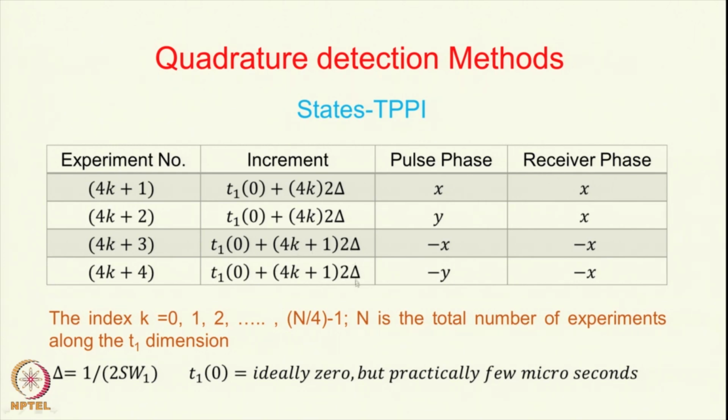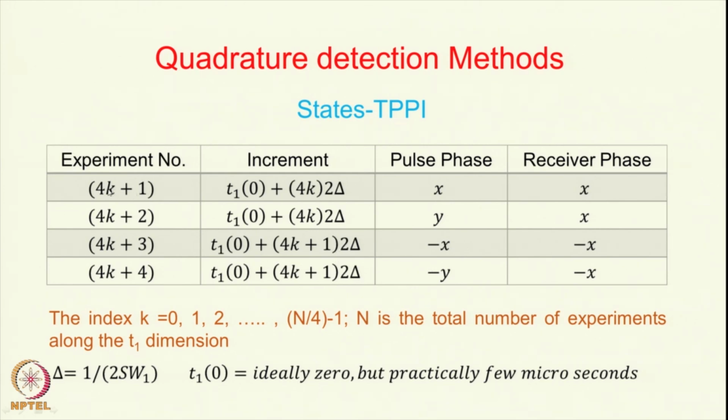So, 2 experiments with the same increment, but now the phase for the first and the second experiments is x, y. Now for the third and the fourth experiments it is minus x, minus y. So you have combined the phase incrementation here as in the TPPI method. The increment here is 2 delta, the first 2 experiments have the same increment, the third and the fourth experiments also have the same increment, but the phase is changed compared to what it was in the States method.